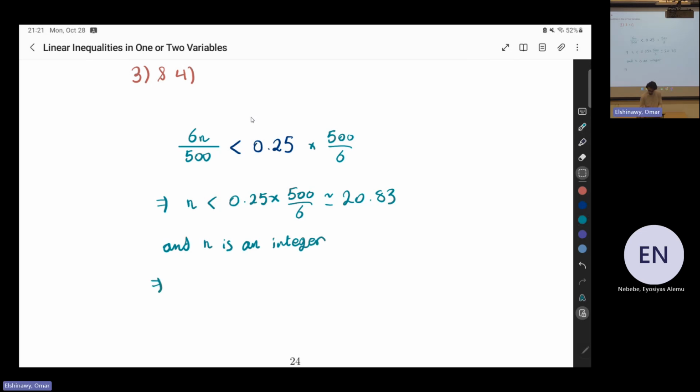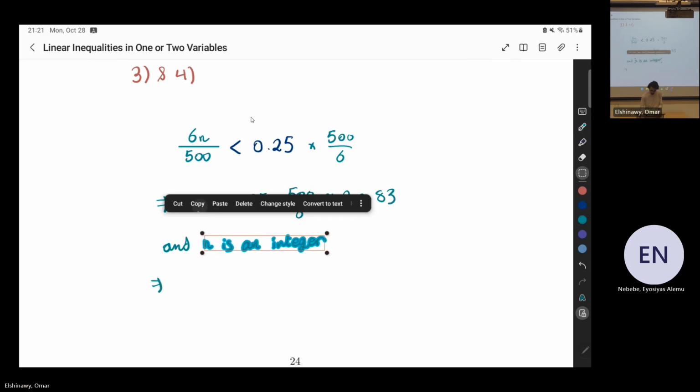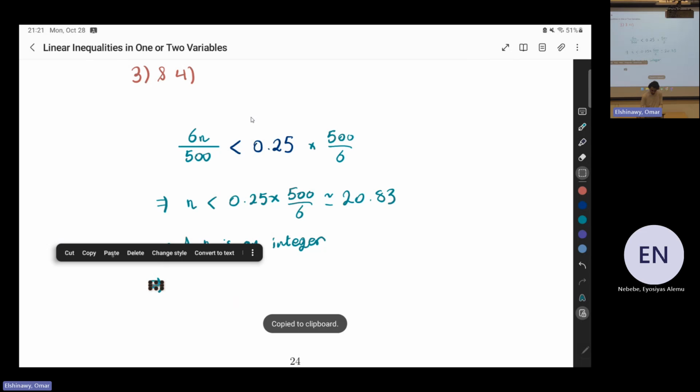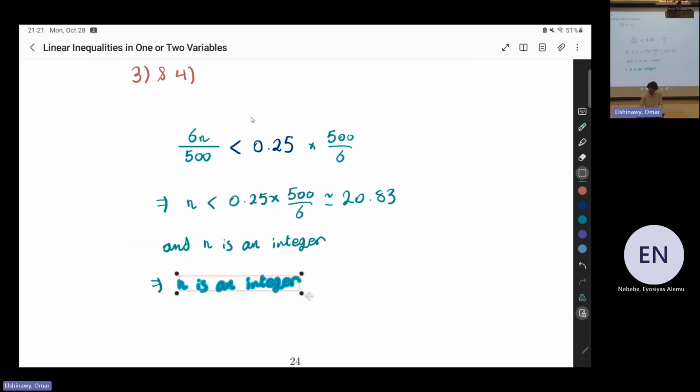Therefore, n is an integer that is less than 20.83. Therefore, n is equal to 20. Because it's less than, you go one step backwards. If you go one step forward, then it's problematic.